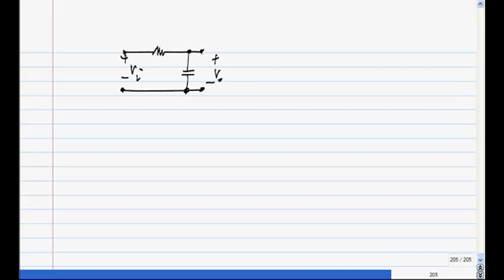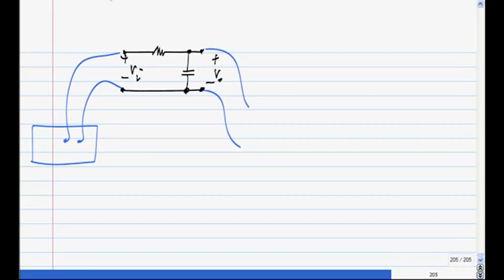And to do this, I'll apply some input from a signal generator, and then I'll take the output to an oscilloscope and measure what comes out.